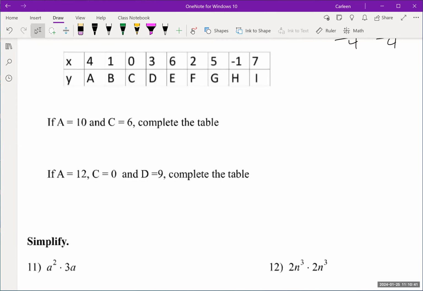Okay. Now, if A is 10 and C is 6, can you guys tell me what I would be? Anyone have a guess?